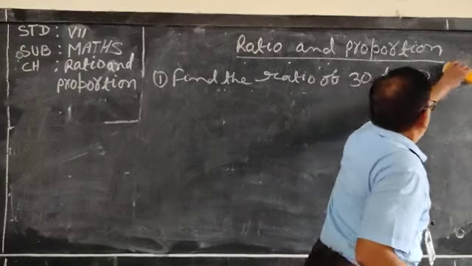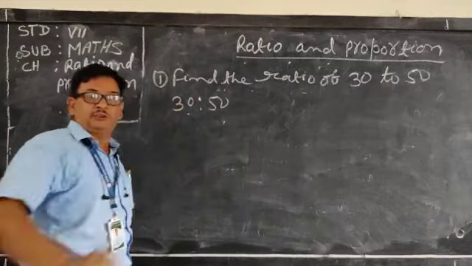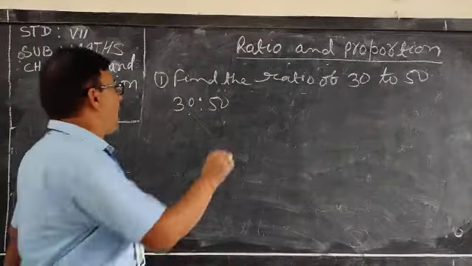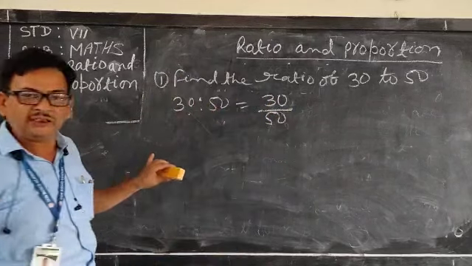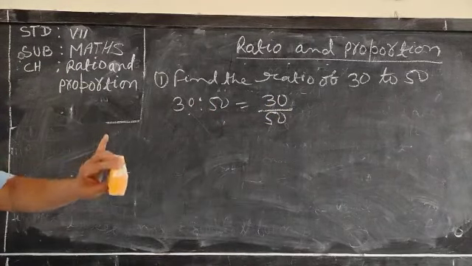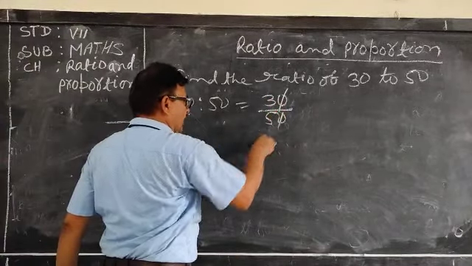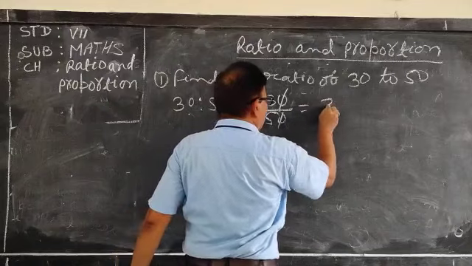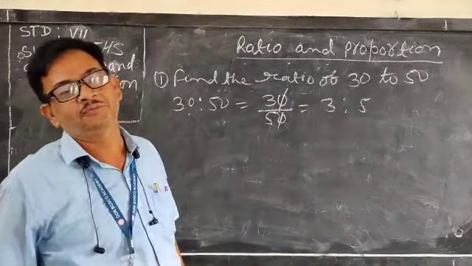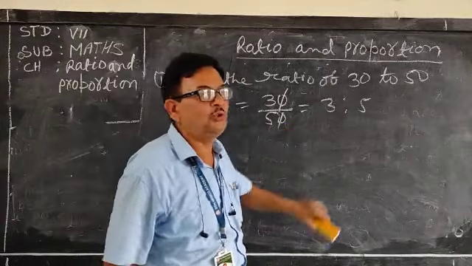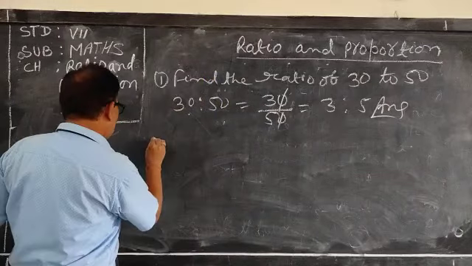It means this is not 30 ratio 5. How can you solve? You write 30 by 50. As I have given in the first rule, always write in the lowest form. So cancel the 0, and now you can write it 3:5. It is the lowest form. So 3:5 is your answer. Understood now? Now the second type of question.